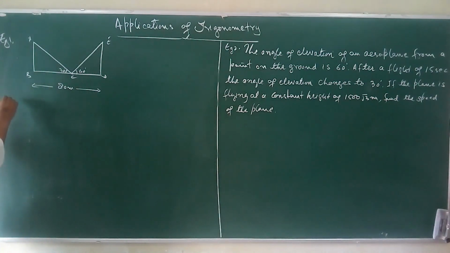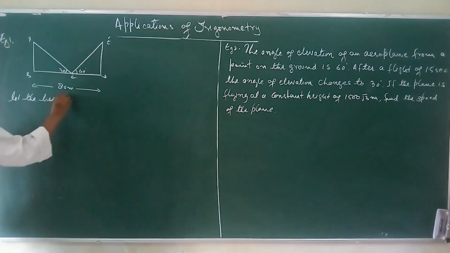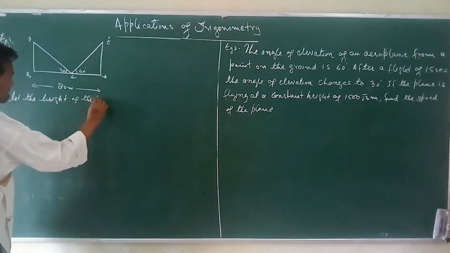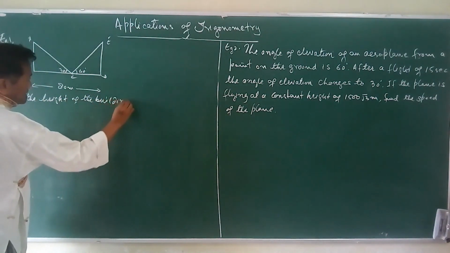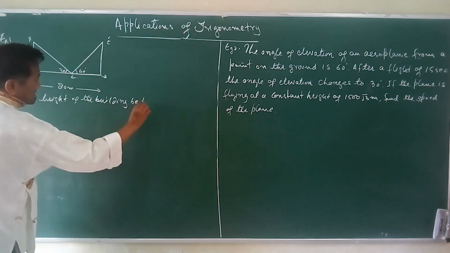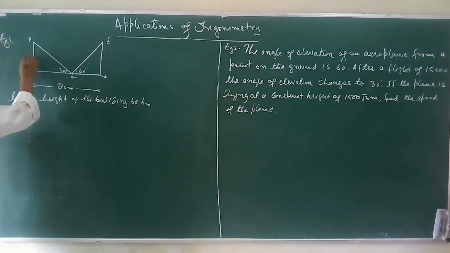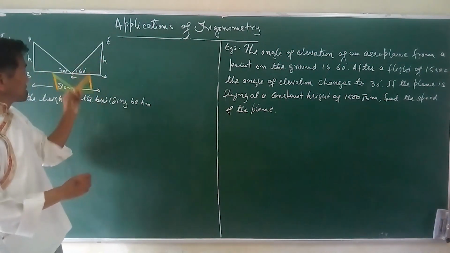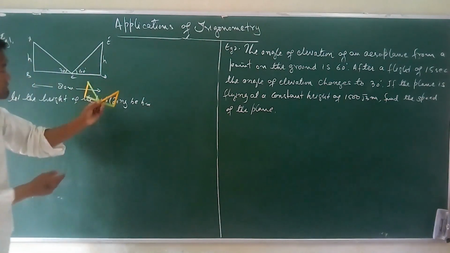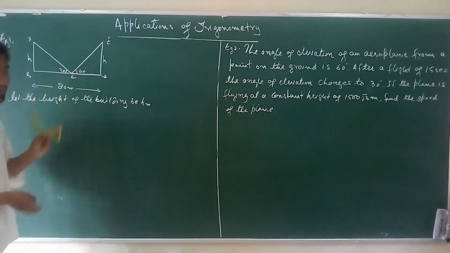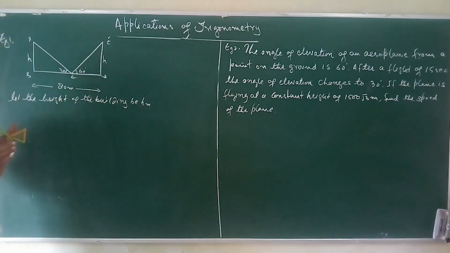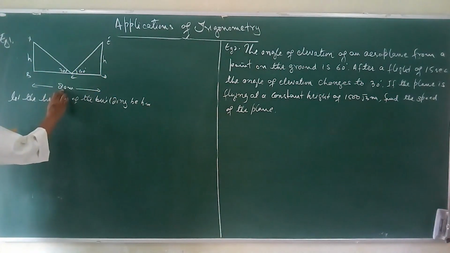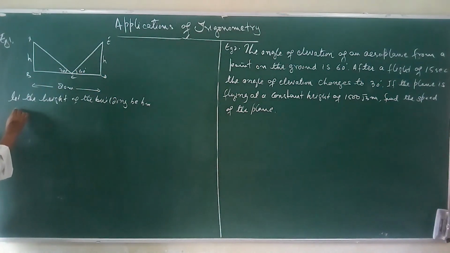So let's say that the height of the building be h meters. The building height is h, and the given distance BC is equal to 80 meters.